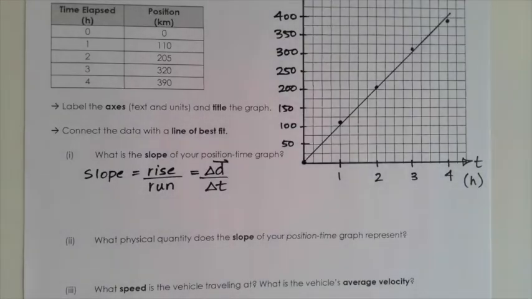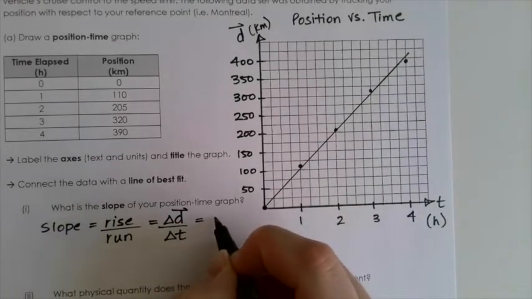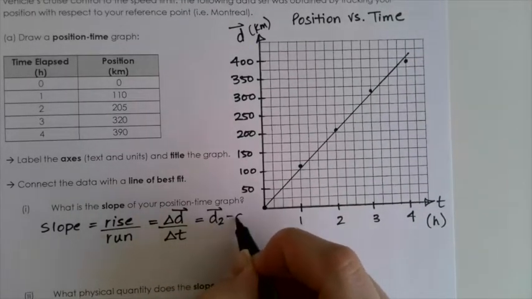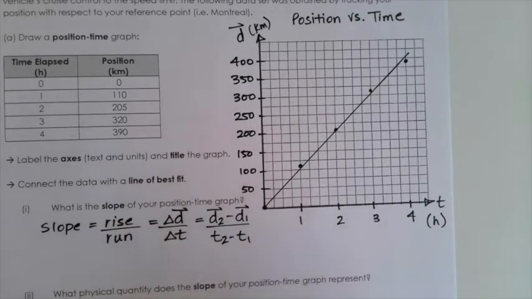Next it says, what is the slope of your position time graph? Recall that slope is our rise over run, or our change in displacement divided by change in time, or d2 minus d1 over t2 minus t1.